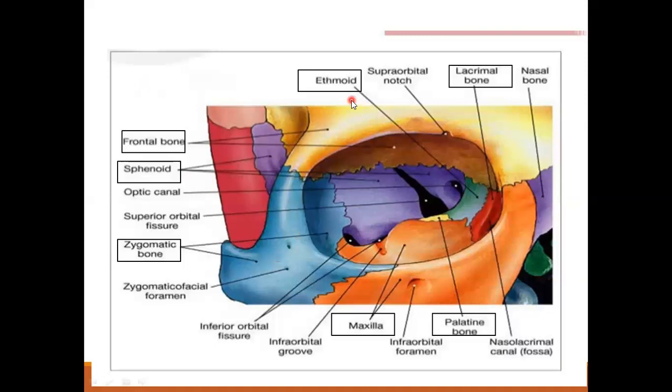The bones that contribute to the formation of the orbit are the ethmoid bone, lacrimal bone, palatine bones, maxilla, zygomatic bone, sphenoid bone, and frontal bone.